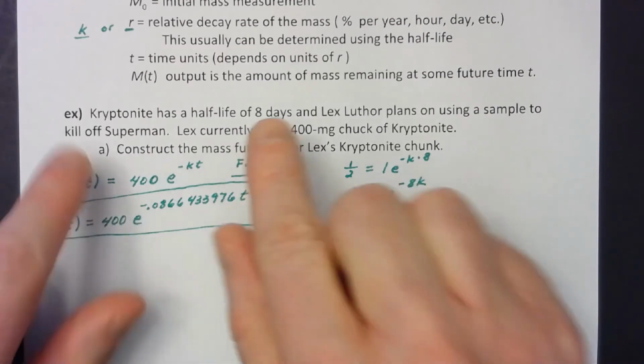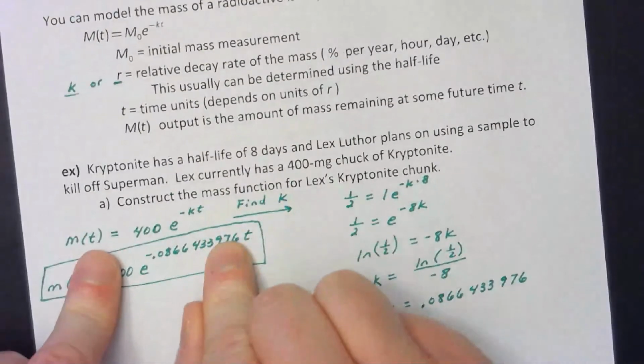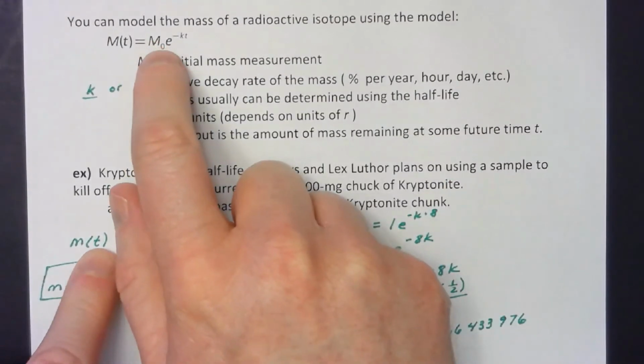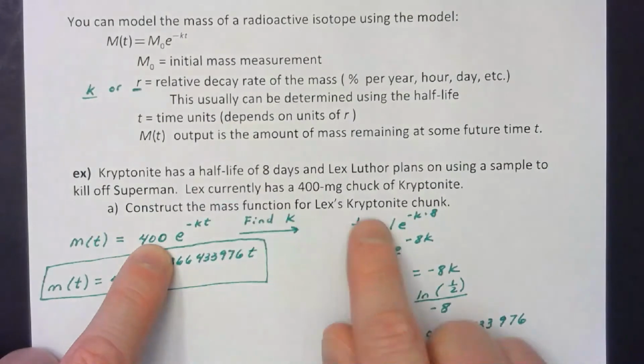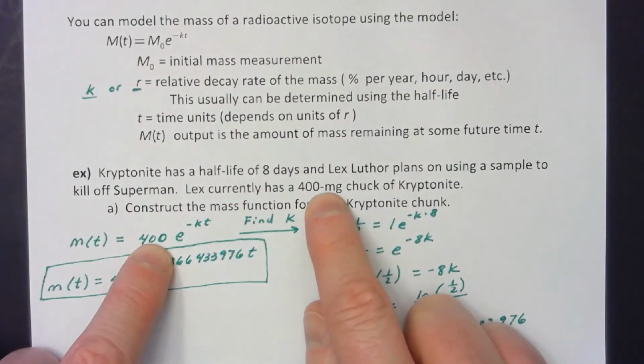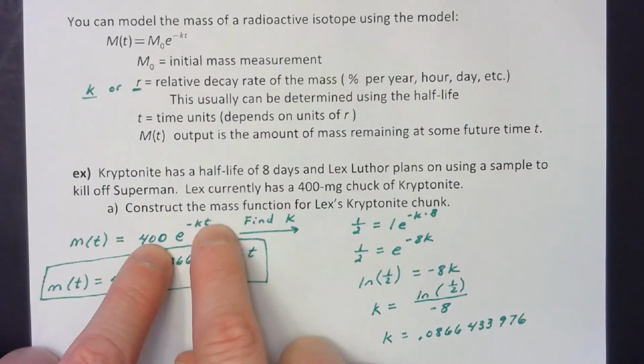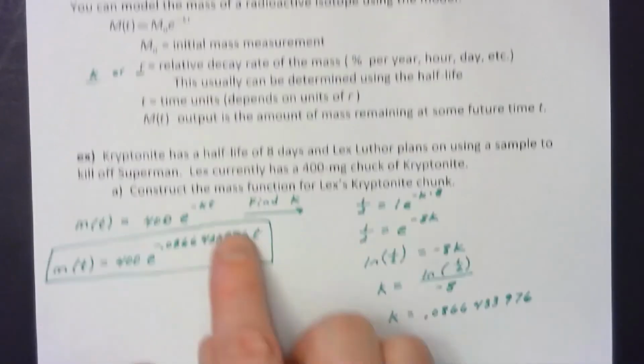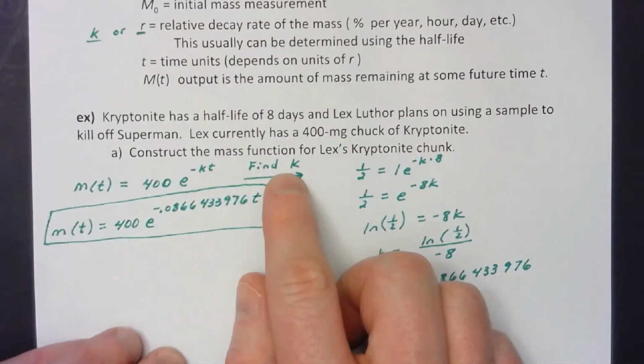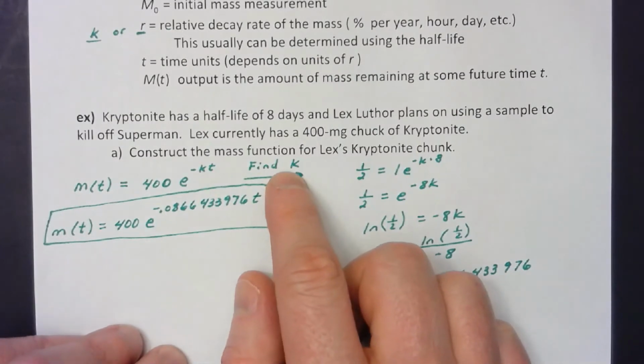Okay, well we already know that the mass at time t, according to my formula up here, is just whatever the original mass is, which is 400 milligrams in this case, times e to the negative kt power. Well, the only thing I need in that function is k. I don't know what k is. It doesn't give me that in the problem directly.